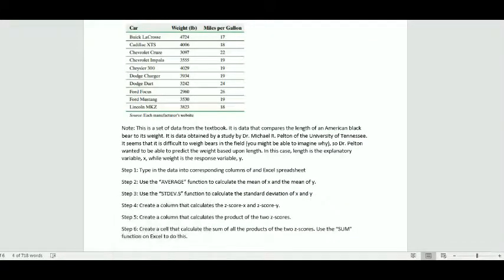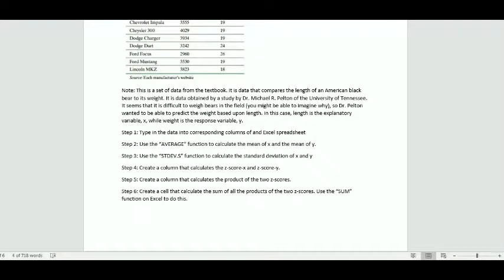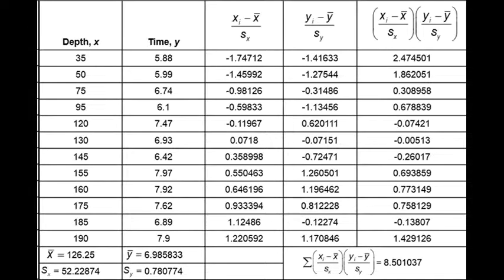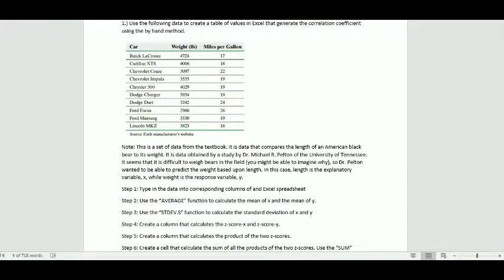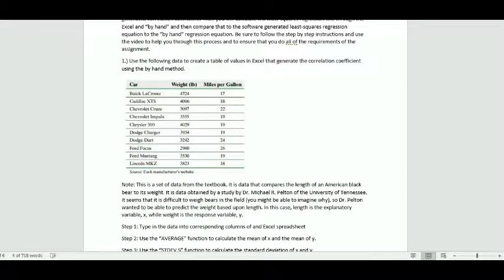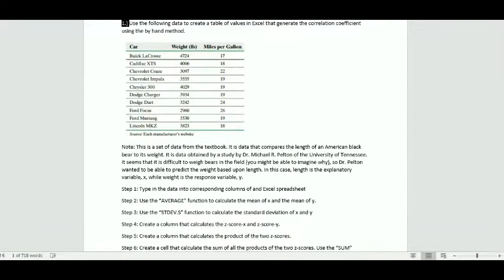So step one deals with creating this table. If you remember in class, we demonstrated a table between drilling depth and time, and you can see that here. So we're going to complete that table using Excel. So that is the first question, I suppose, of this assignment.